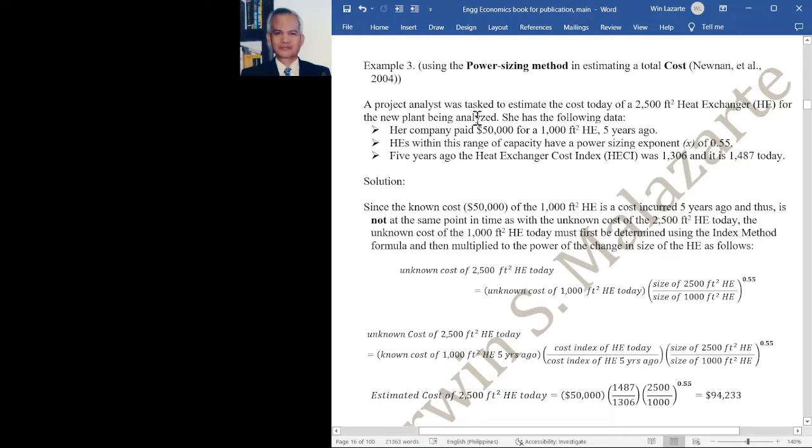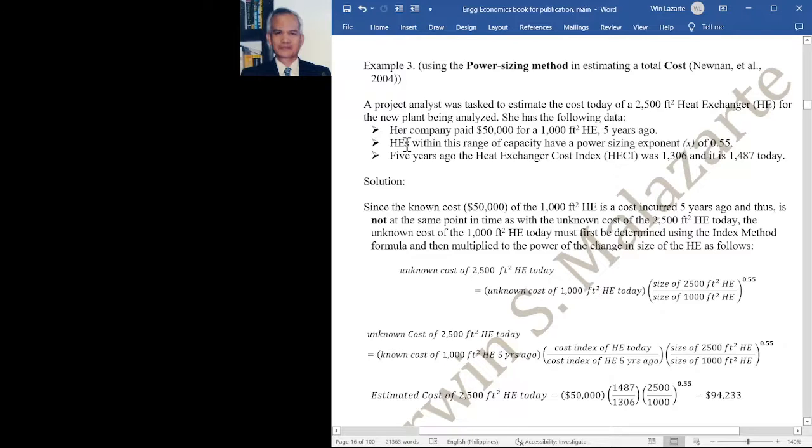A project analyst was tasked to estimate the cost today of a 2,500 square feet heat exchanger, or HE, for the new plant being analyzed. She has the following data. First, her company paid $50,000 for a 1,000 square feet heat exchanger 5 years ago.